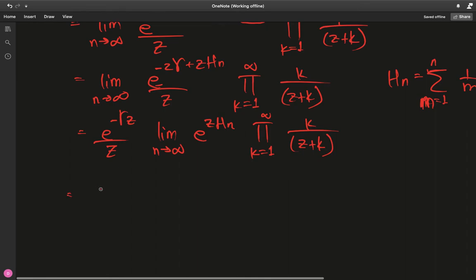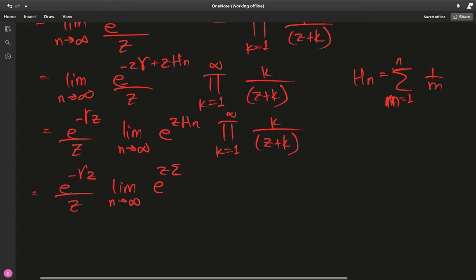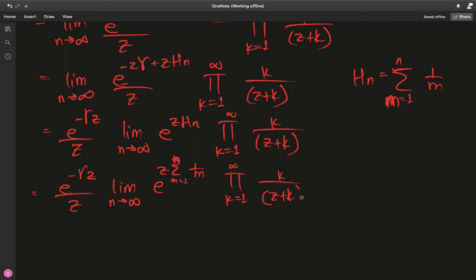If we do make that substitution, we have e to the negative Euler-Mascheroni constant times z over z, limit as n goes to infinity of e to the z times, and in the exponential argument itself we have sum from m equals 1 to n actually of 1 over m, times product from k equals 1 to infinity of k over z plus k.